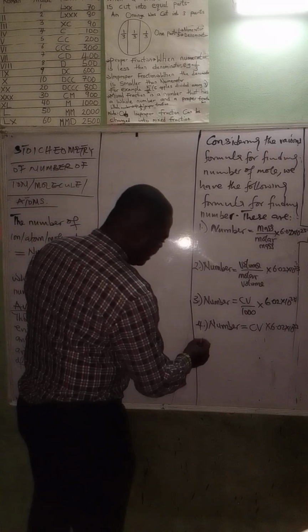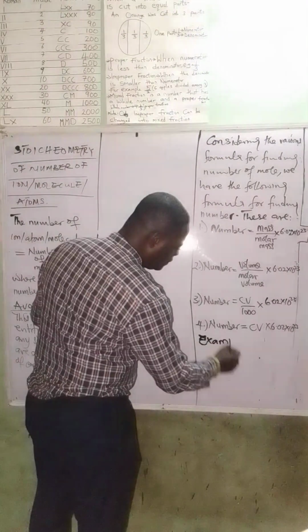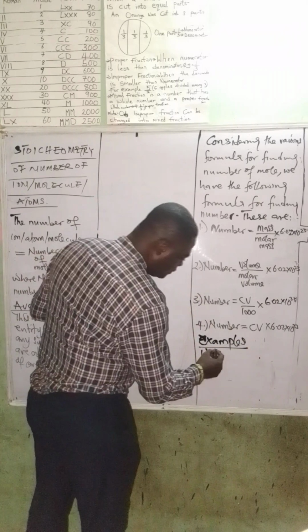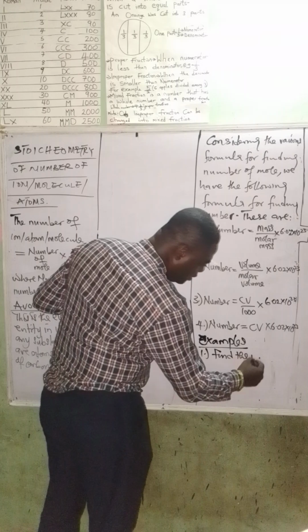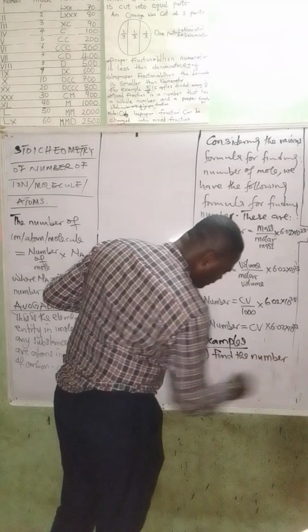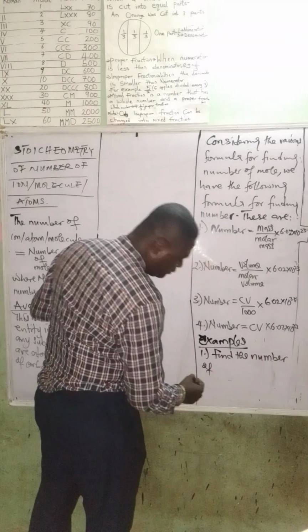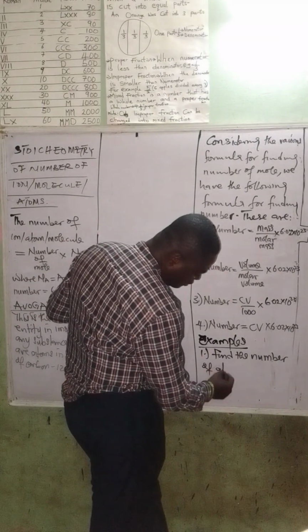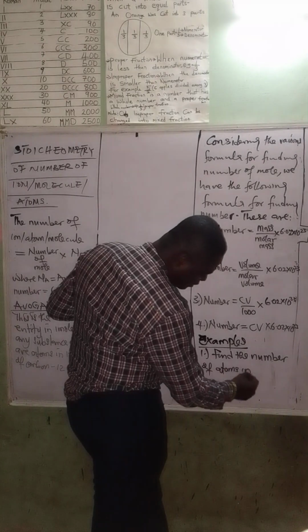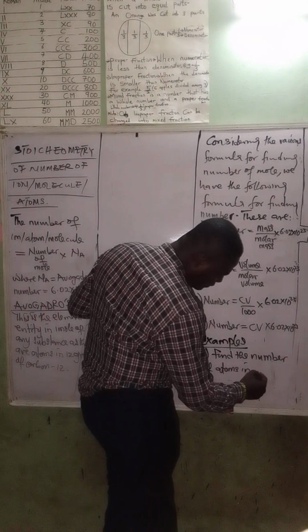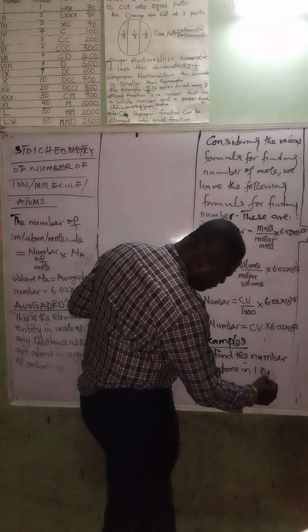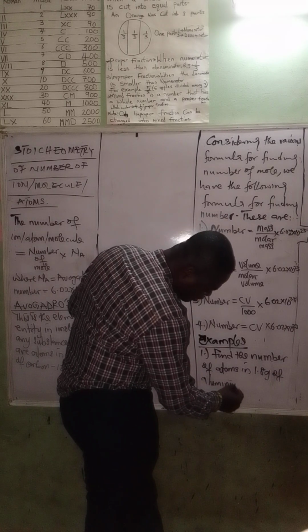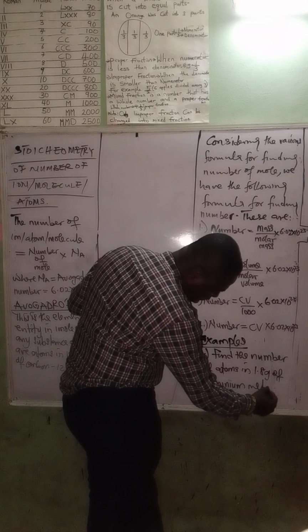So let's look at examples. Example 1: find the number of atoms in 1.8 gram of aluminium metal.